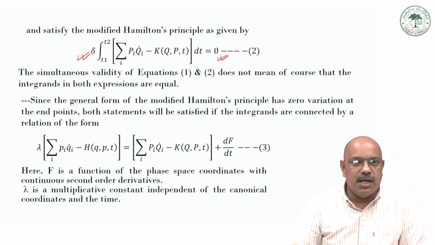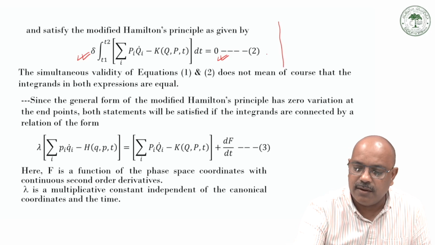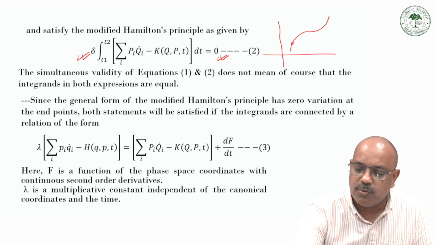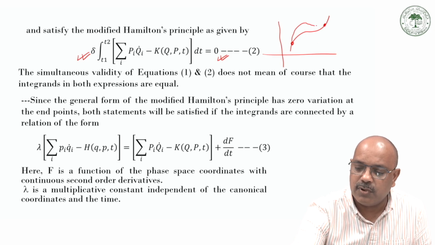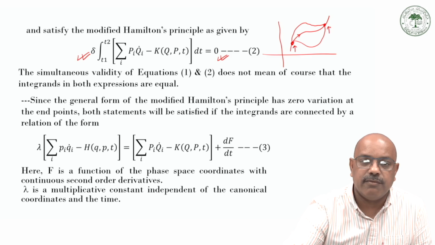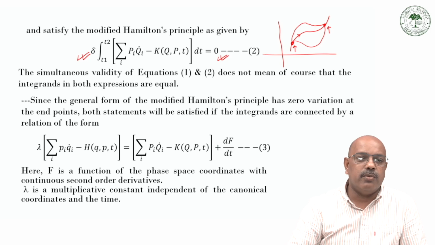At the end points, if you remember, when a system is moving from point 1 to point 2, this is my actual path, and whatever the variation from the path at these end points, it is going to be zero.